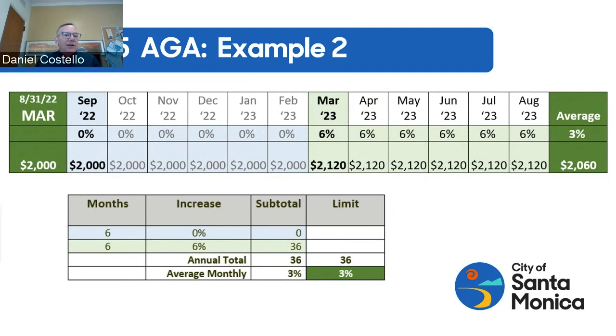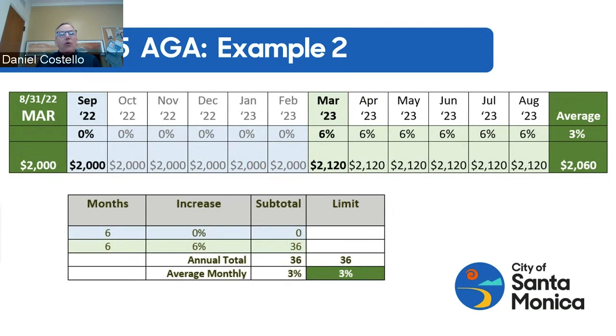And because they cannot charge more than 6%, they're not going to be able to reach the average 3% for the year. You would have had to have 6 months at 0 and 6 months at 6% to average 3%. But now the opportunities for the landlord are kind of dwindling to fully capture this year's general adjustment.